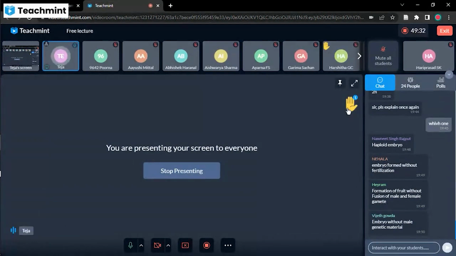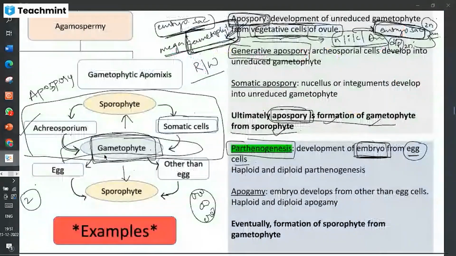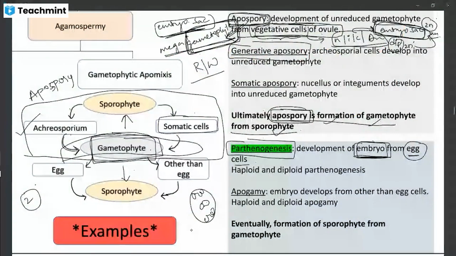Fusion of... okay, in sexual reproduction, it is the fusion of your male and female gametes that leads to the formation of your embryo. Whereas in parthenogenesis, there is no such fusion, as mentioned by many students; the embryo forms directly from the egg cell. If it directly forms from the egg cell, then this mechanism is known as parthenogenesis.